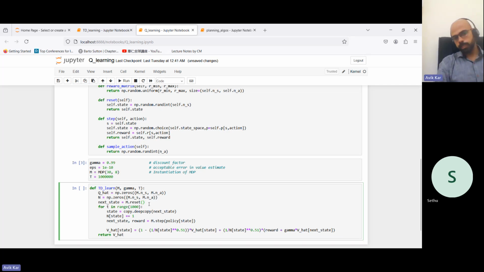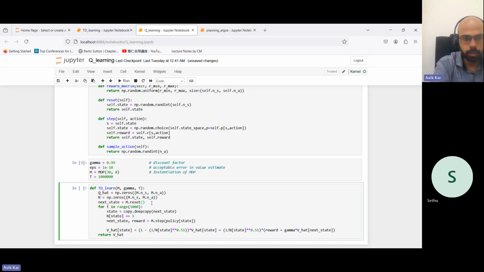One thing to decide is how this epsilon will decay, that is, with what probability we pick an exploratory action and with what probability we pick the greedy action.